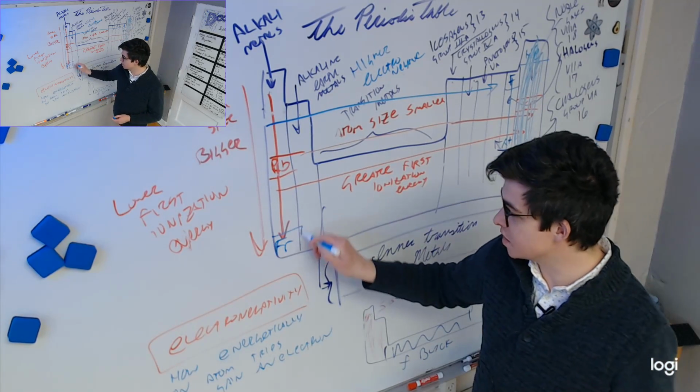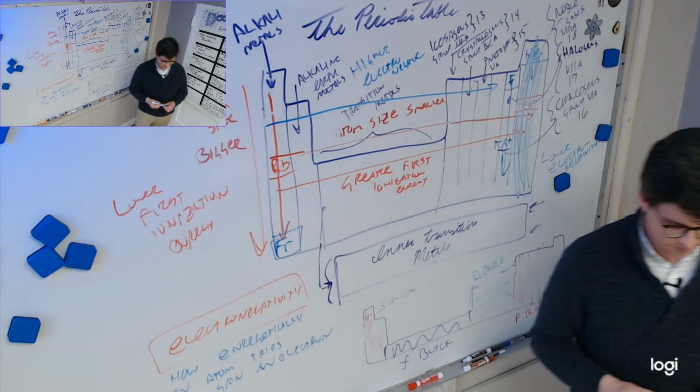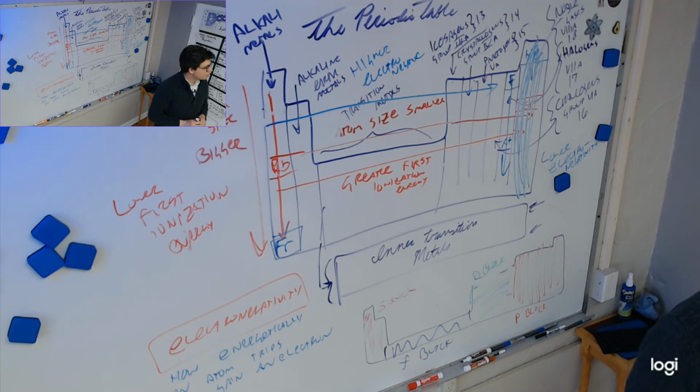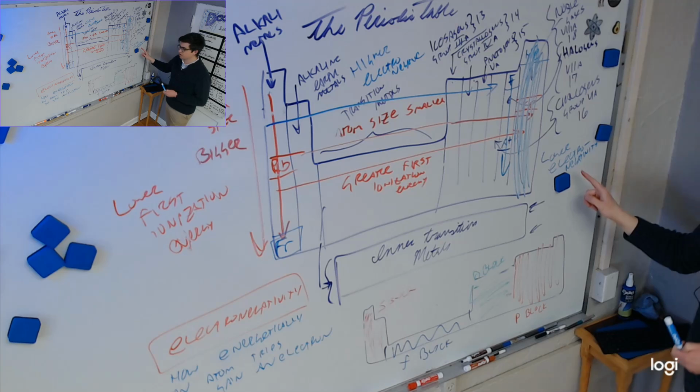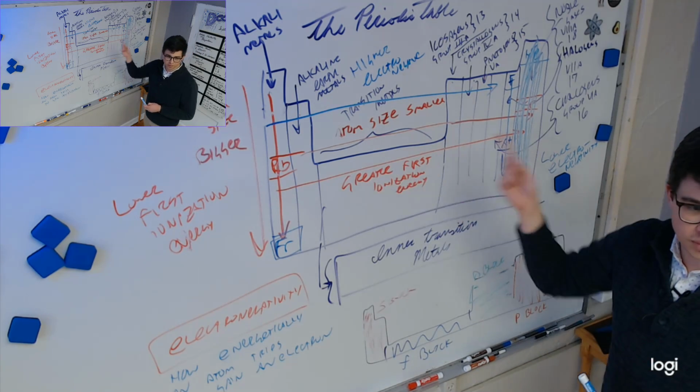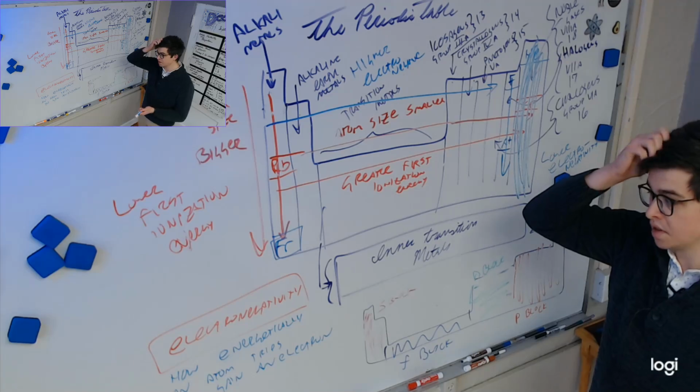Francium has the lowest electronegativity. Yep. So francium is on the very left, bottommost, right? I shouldn't have said it like that. I should have said the electronegativity decreases as we go down, and it increases as we go from left to right. So it follows that bottom left is lowest.